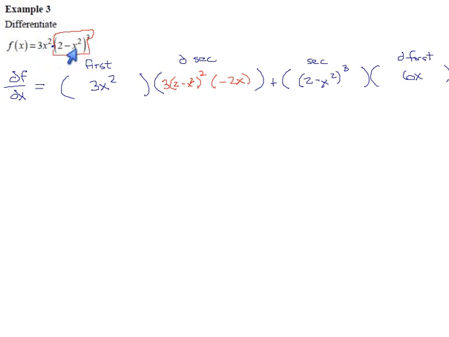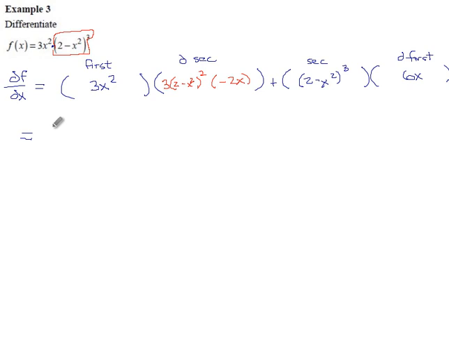First d second, chain rule triggers here, plus second d first. So you just have to put what you're doing on hold, do this smaller task, and then get back to the bigger task. It's important to label things and stay organized. I recommend you actually write something like this above each section when you're starting out, just to make sure that you get all your pieces in the right place. And after you've practiced for a week, you probably won't need to do that anymore.